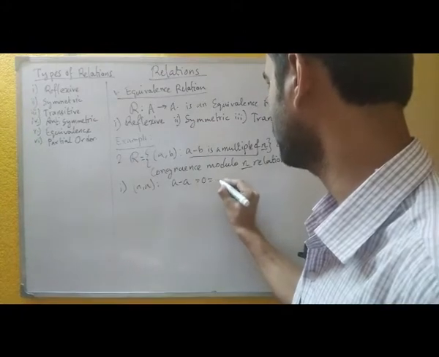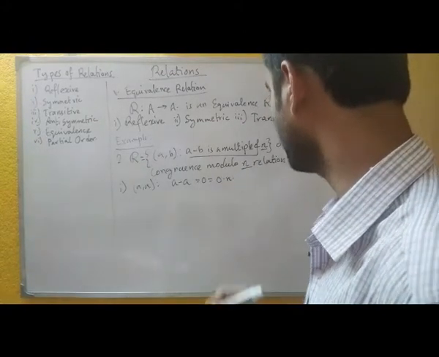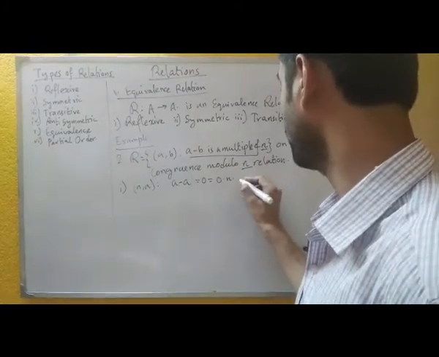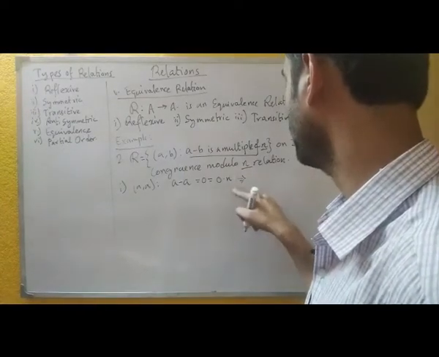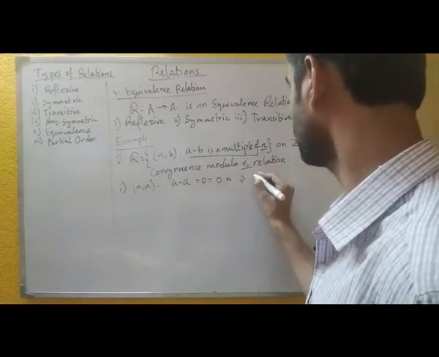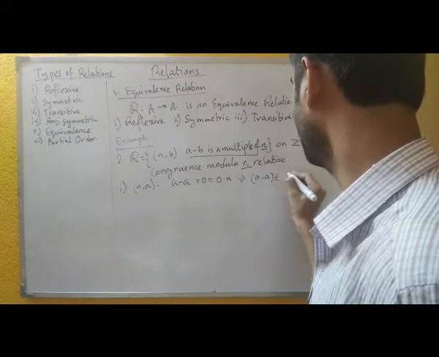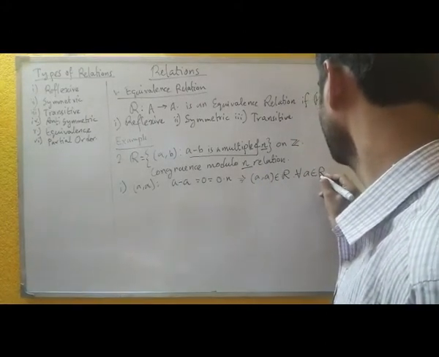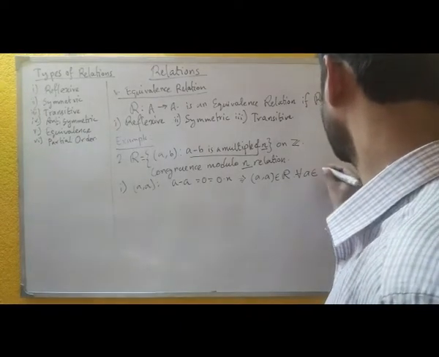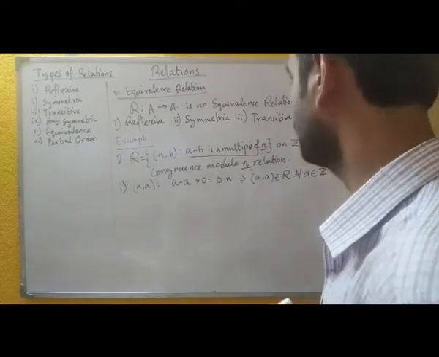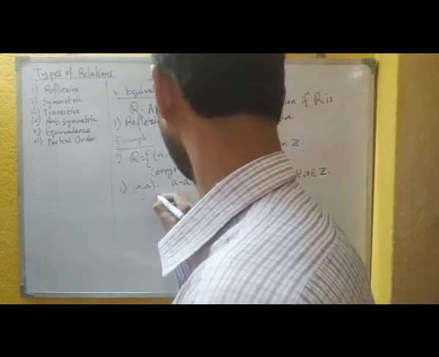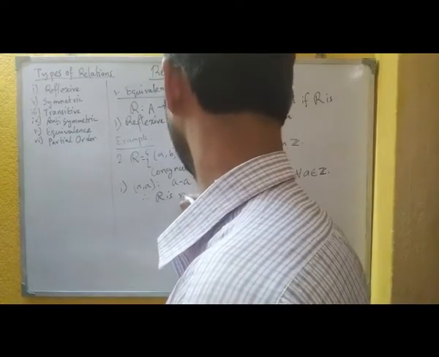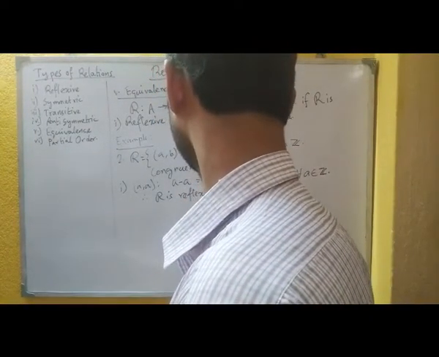And clearly it is, because it is 0 and 0 can be written as 0 into n. So a minus a is a multiple of n. So (a, a) will belong to R for all a belongs to Z. So from here we can say R is reflexive.